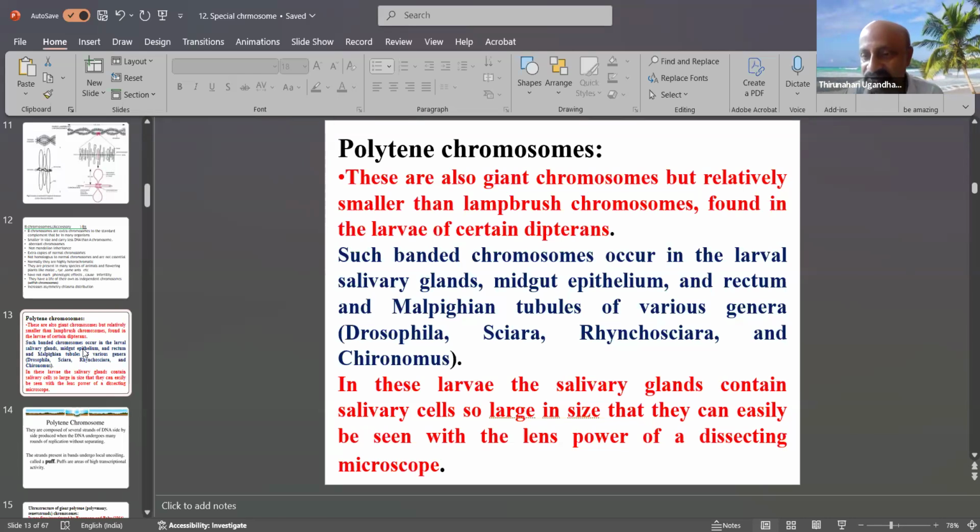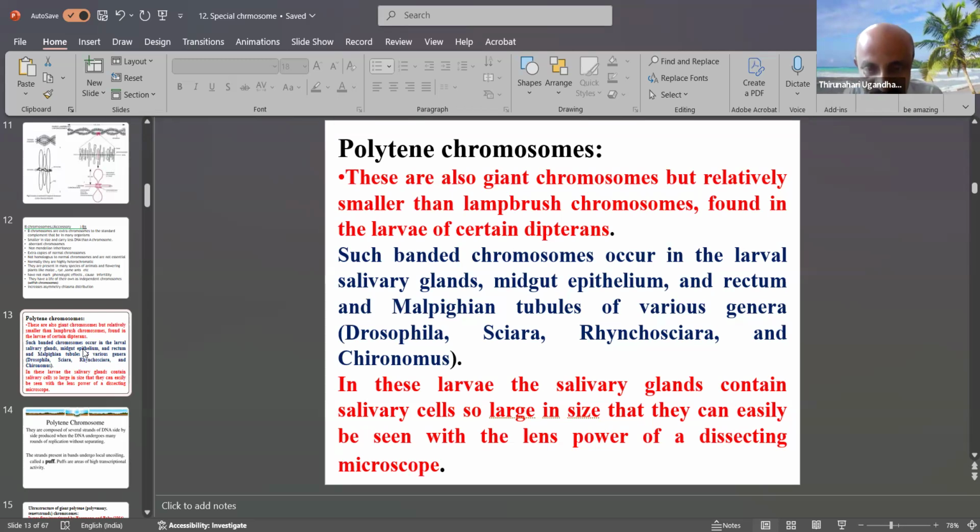Excretory substances are especially present in arthropod organisms, arthropods of various genera: Drosophila, Sciara, Rhynchosciara and also Chironomus. These are also examples of polytene chromosomes.